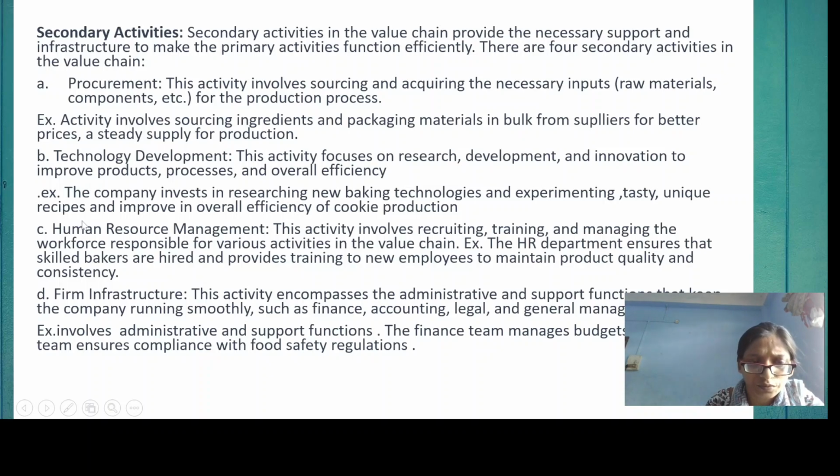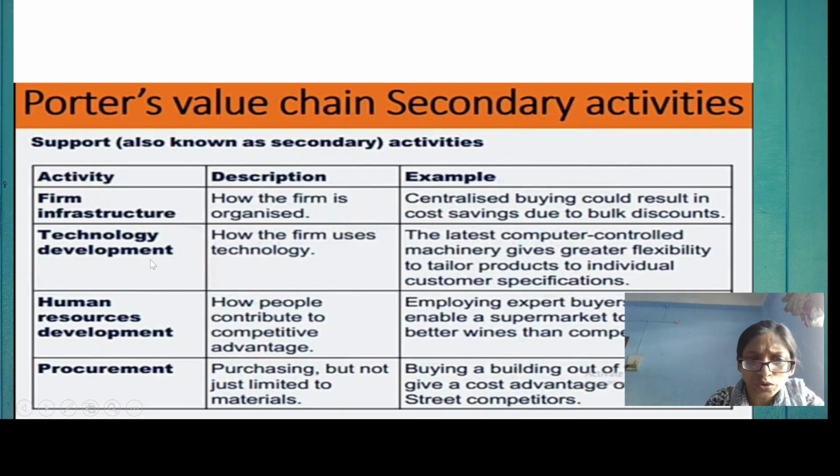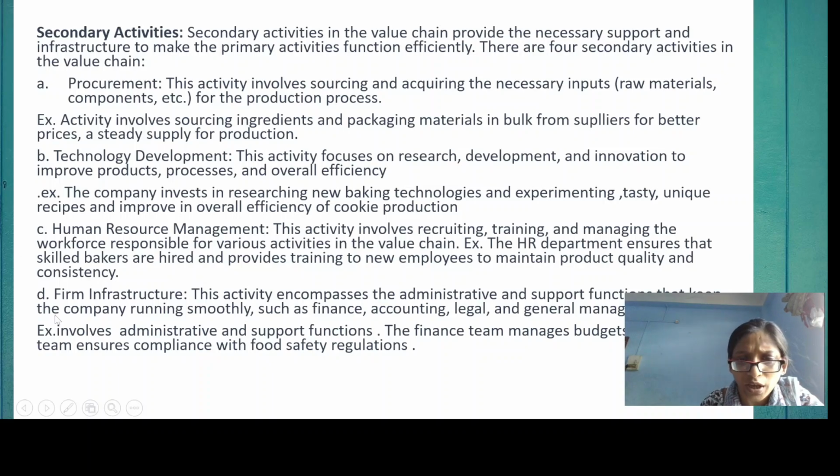Next, human resource management. This is an important aspect because without an efficient team, for example skilled bakers, you cannot retain the same taste and consistency, and it is not possible to sustain in the market.